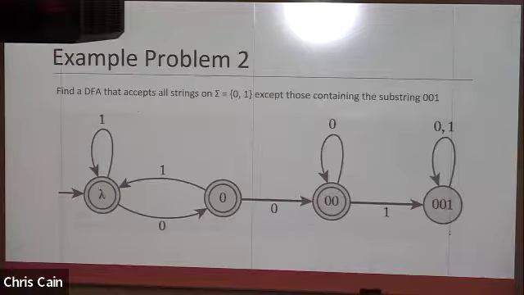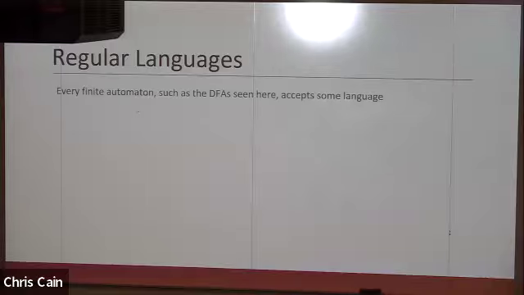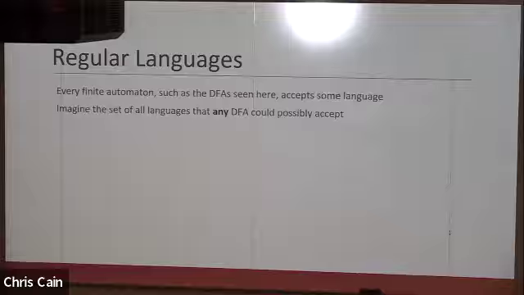All right, before we dive into another example, let's talk about the class of languages that this actually solves, or can represent. No matter what you create, any finite automaton, like a DFA, we've seen that it accepts some language. You can now think in the broad. Given the rules of a DFA, imagine the set of all languages that such a construction could represent.